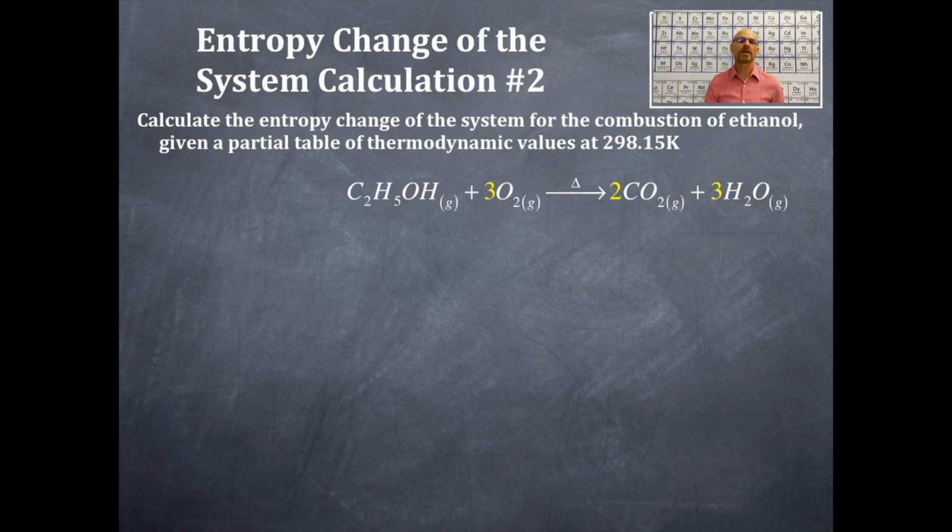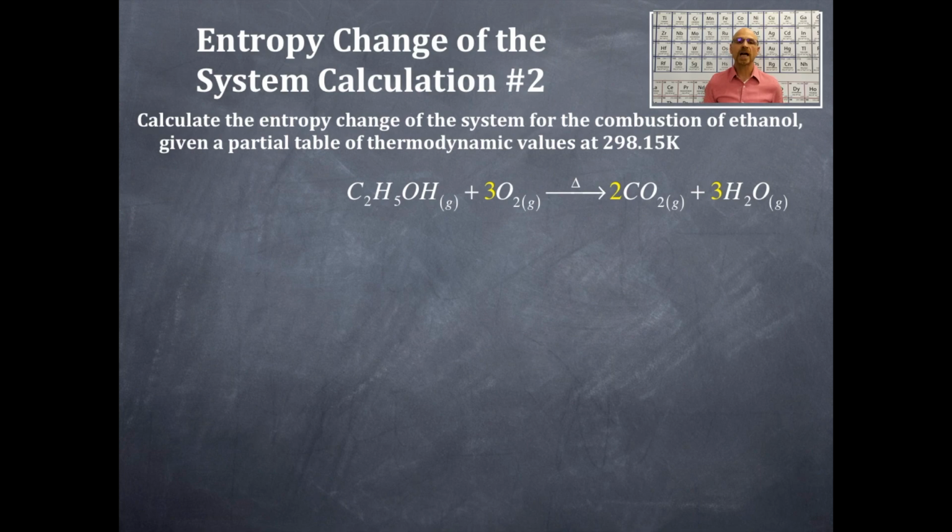There's the arrow, and there's the delta sign above the arrow indicating that this reaction requires a little bit of energy to start off, either a lit match, a spark, or something like that, but it is producing energy. On the product side, you have 2 moles of carbon dioxide and 3 moles of water in the gaseous state. Hopefully all those states of matter and the balancing worked out well for you as well.